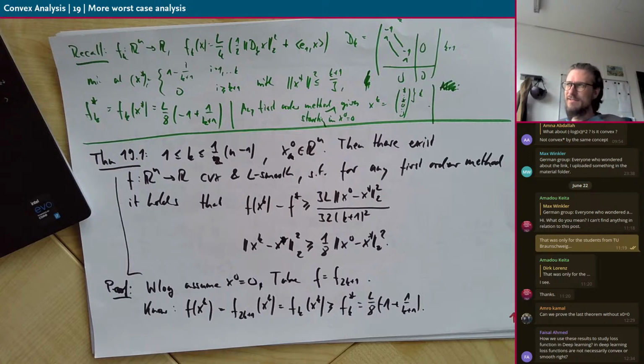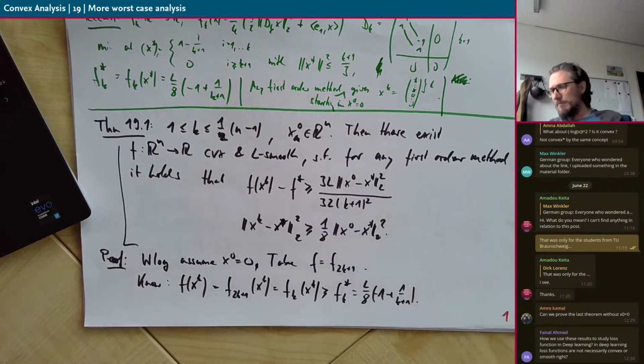But it seems like theoretically, practically it doesn't make a difference, but I'm not so sure about it. Then there's another argument, but I think this is not totally true. One could argue that many functions which are non-convex look convex in the neighborhood of the minimizer, but that's not true. It's unclear for neural networks, I'd say.